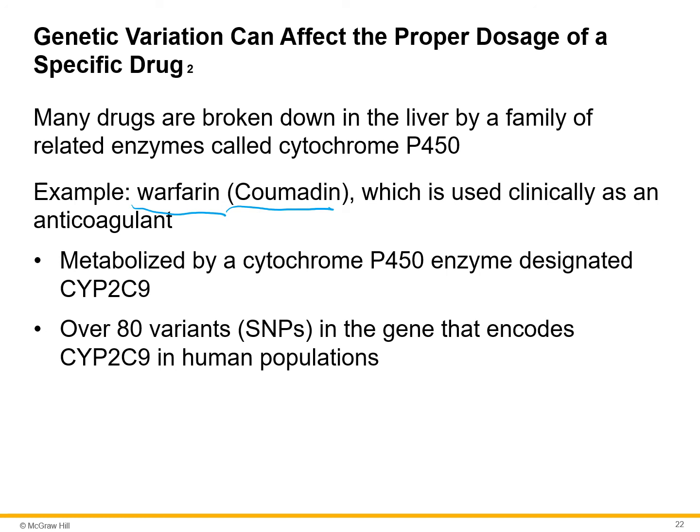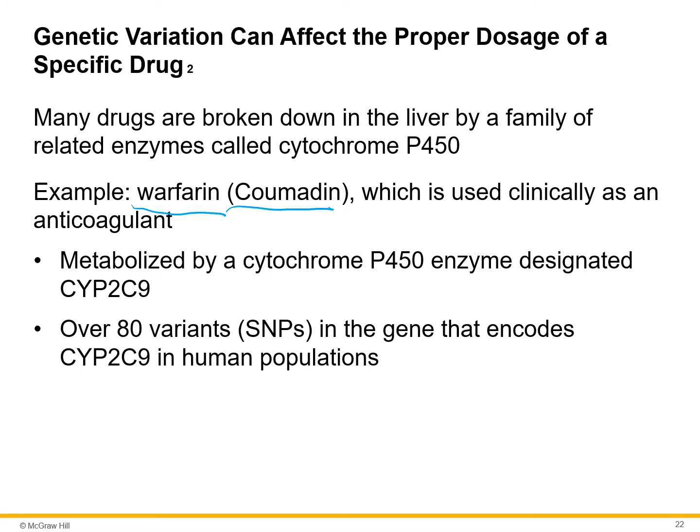And so by knowing what an individual's level is, you would know the dosage of Coumadin that would be best prescribed. And because it is an anticoagulant, the use of Coumadin has to be carefully monitored, because it can lead to abnormal bleeding because of its anticoagulant properties.